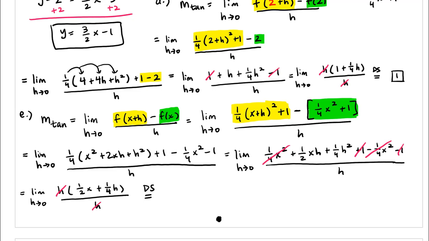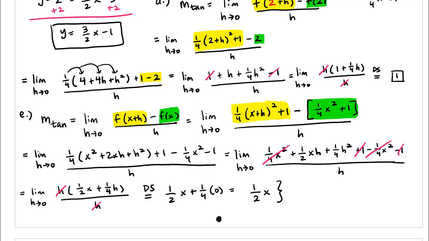Now, what you are going to notice is that our limit ends up having a variable in it, and that's okay because our limit should represent a function since it's the slope of our tangent line at any value of x. So notice that if I were to use direct substitution, I would have 1/2 x plus 1/4 times 0, which simplifies to be 1/2 x.